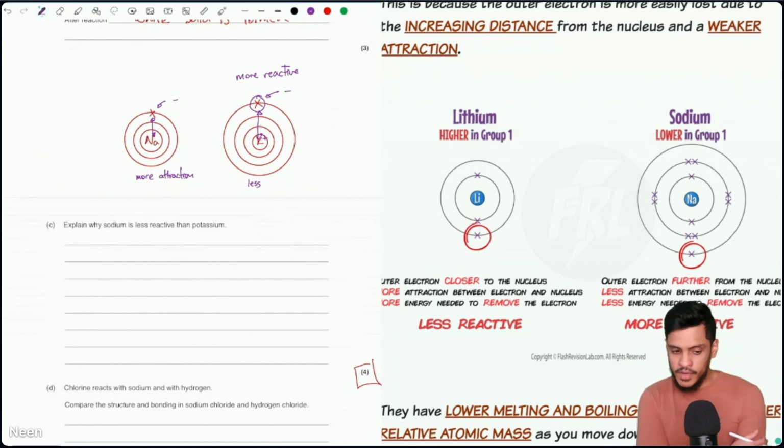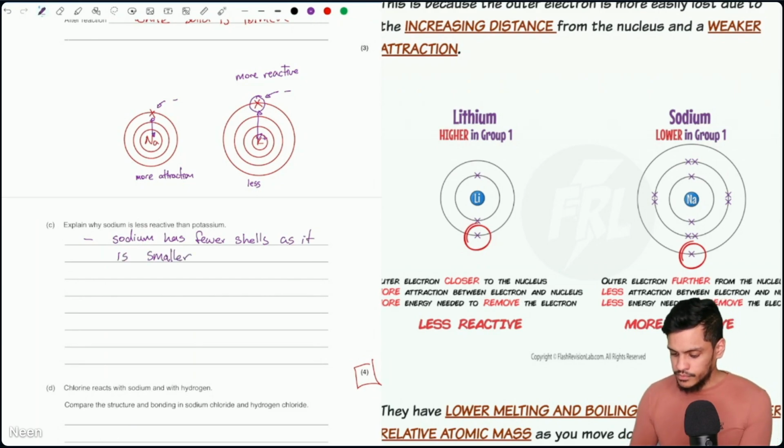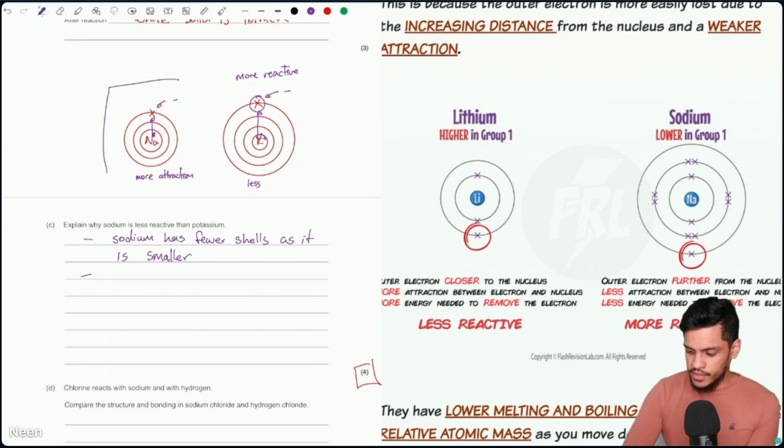So let's try and get 4 marks here. So 1 mark is to say, it's asking specifically about sodium. So you say sodium has fewer shells as it is smaller. So I'm talking about this one here, right? I'm basically talking about the opposite of what I said.